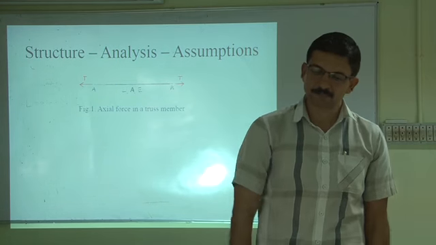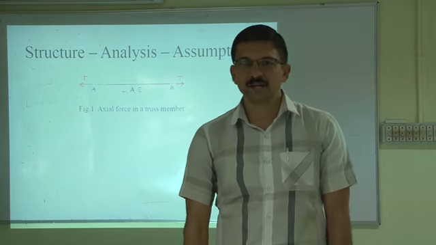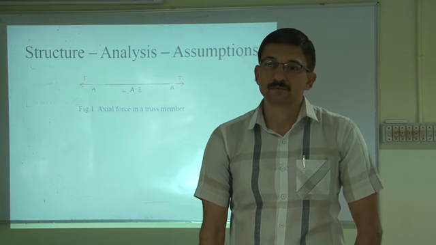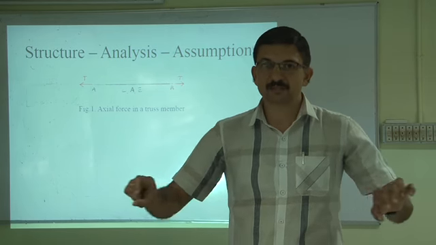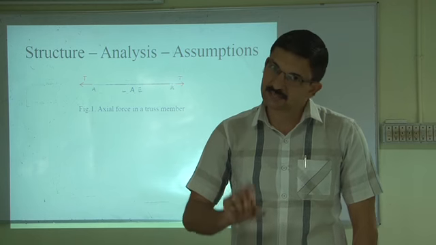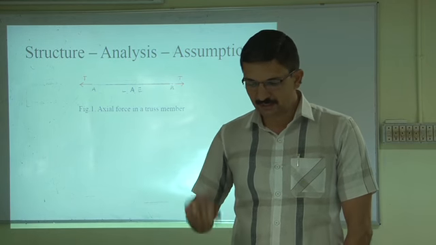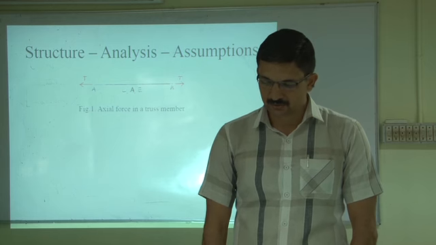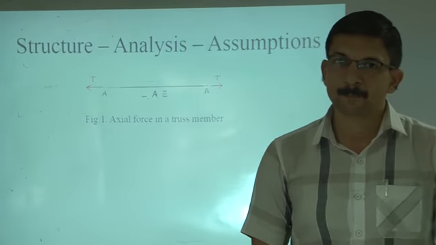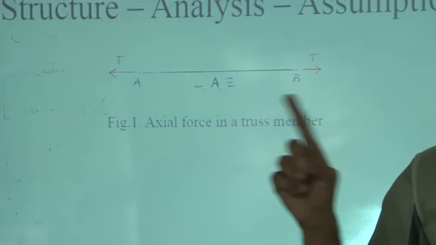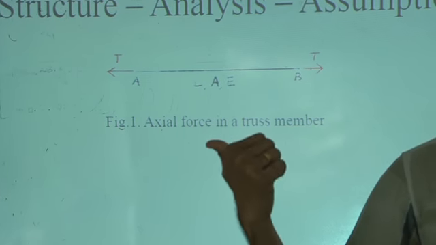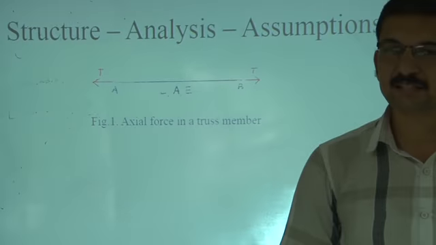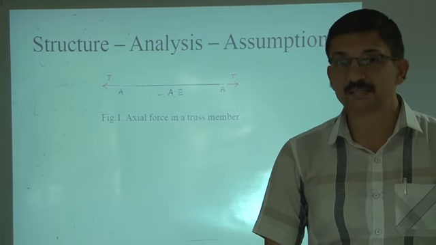Now, as given here, this is an idealized example of a truss member. We have an axially loaded member which is drawn like a straight line. The straight line represents the centroidal longitudinal axis of a structure, and T and T, those two arrow marks shown on both sides of that line segment, represent axial forces, and T stands for a tensile force.